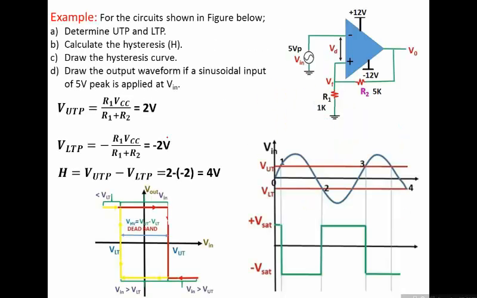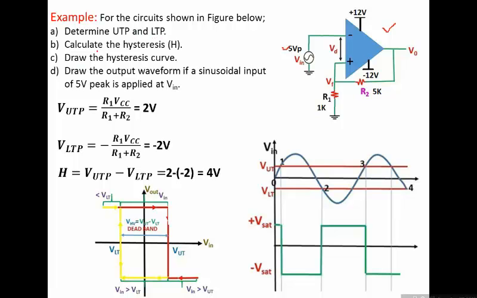Now let's see an example for a circuit in which the input is applied at the inverting terminal and has a value of 5 volts peak, and it is sinusoidal. These two resistors are given. This is 1 kilo ohm, this is 5 kilo ohm, and the supply levels are plus 12 and minus 12. Then you are asked to find the upper trigger point and lower trigger point.